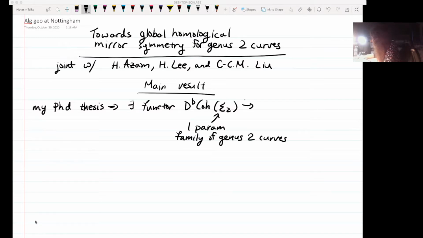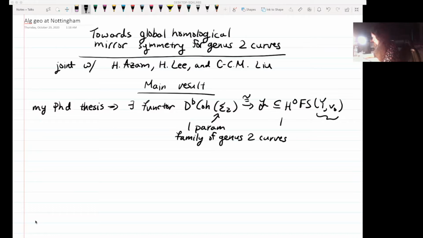to a subcategory of the cohomological Fukaya category. So it's the Fukaya category of a symplectic fibration, known as the Fukaya-Seidel category.